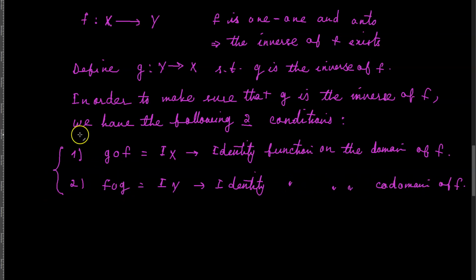This was based on a whole bunch of things that we put together to arrive at these two conditions. When you check for these two conditions, you have practically checked for a whole bunch of conditions that have to be fulfilled in order for g to actually be the inverse of f, right?